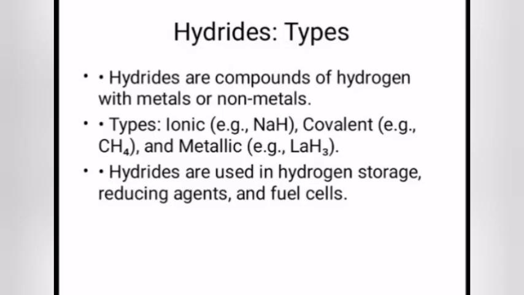When you have hydrogen and chlorine, you would not really call it a hydride per se. Some people can call it that, but typically the word hydride is used when hydrogen is bonded to a metal. These hydrides are used for hydrogen storage. They are used to store hydrogen, as they are used as fuels.